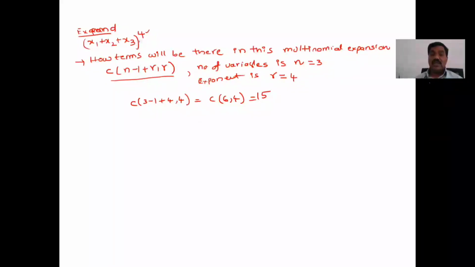So in this case, n is 3. And this exponent 4 represents r. Because if you take x1 plus x2 plus x3 as one ball, it is as good as having 4 similar balls in your hand. So your r value will be 4. Fine. So there are 15 terms.